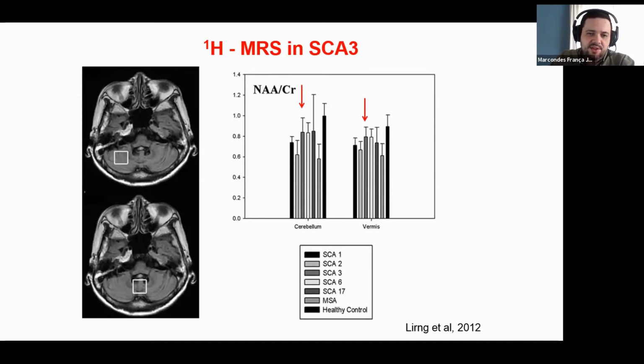As you can see here shown in the red arrows, these values are significantly different in SCA3 patients compared to the controls, showing that you can also see functional abnormalities in these patients revealed by spectroscopy. These are all very initial results, these cross-sectional findings.